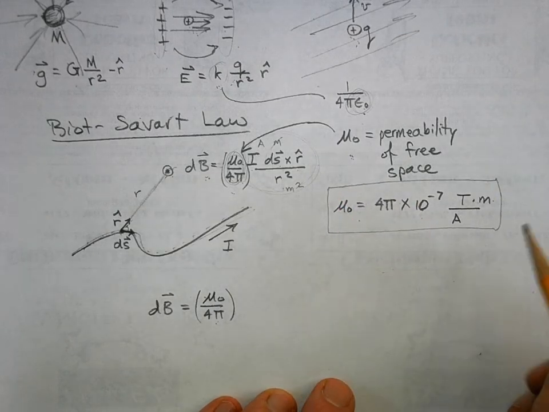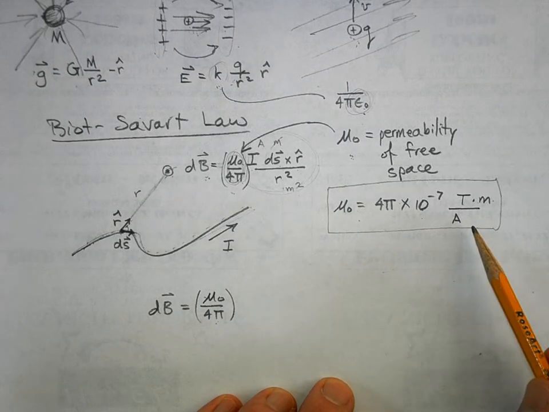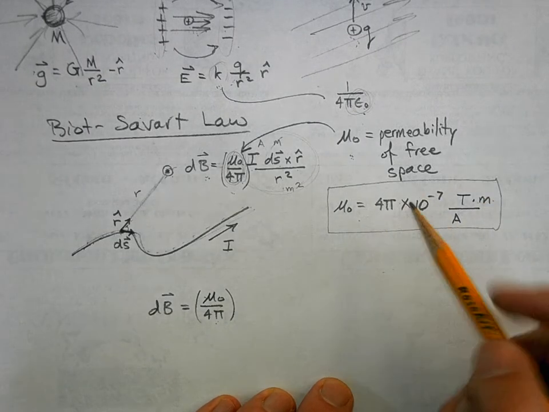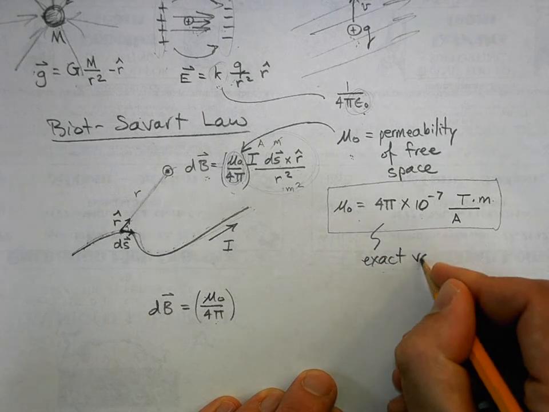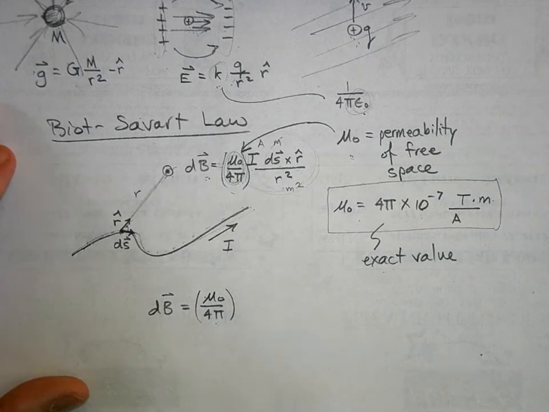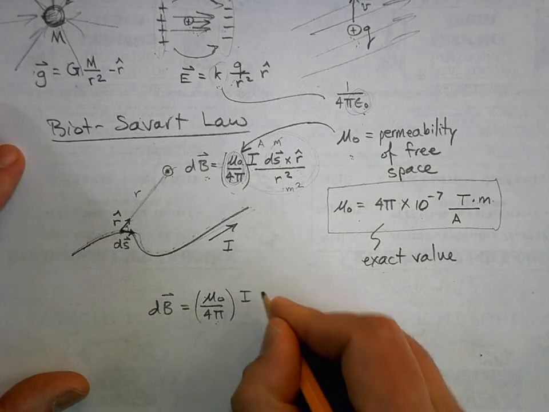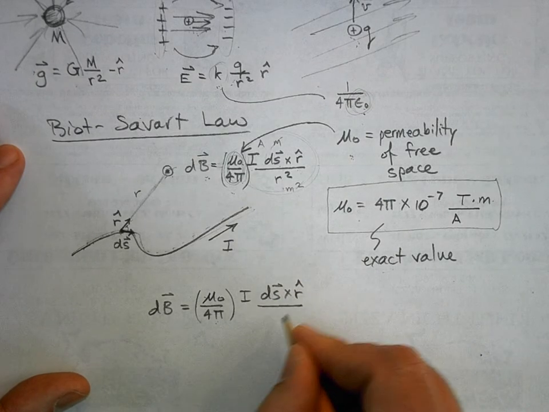We've defined magnetism in terms of mu naught. So this is actually an exact value. It has an infinite number of significant figures. Times I ds cross r hat over r squared.